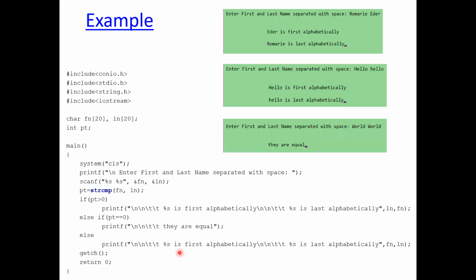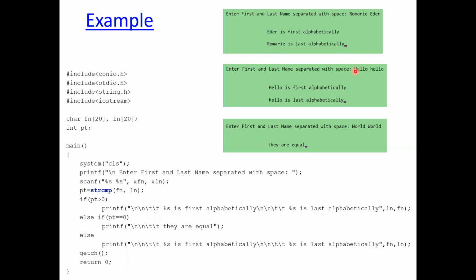So I have here an example using string compare. After entering two strings, it will compare which is greater, or if it's less than, or if they are equal. For example, if I enter Romary and Eder, it will say that Eder is first alphabetically, and of course Romary is less alphabetically.